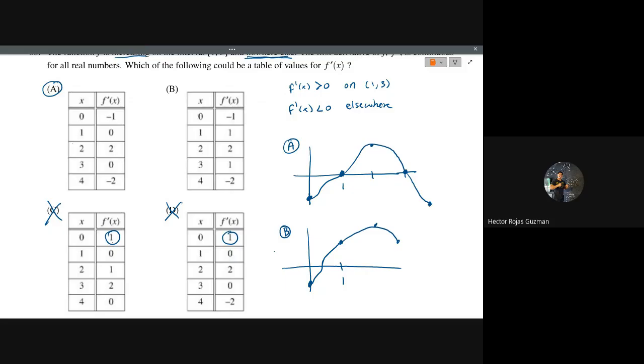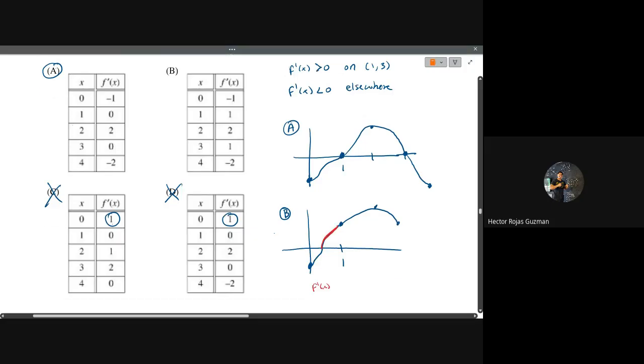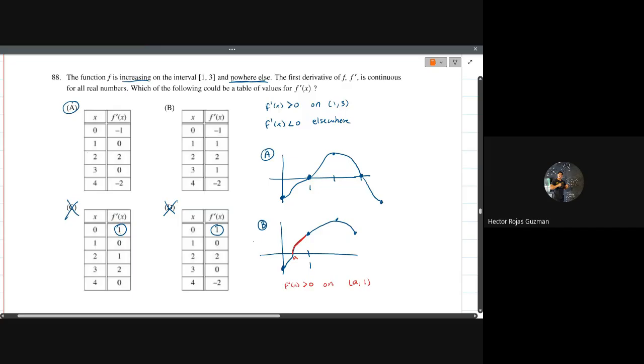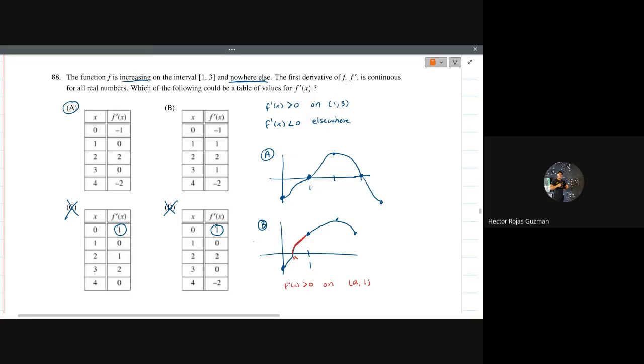Oh, I should do a different color. This interval gives us a positive value, a positive f prime of x. So f prime of x is positive on the interval, I'm going to call this a, from a to 1. And according to the scenario painted by the problem, we can't have that. The function f is increasing only on the interval from 1 to 3. Not before 1, not after 1. So B cannot be the answer.